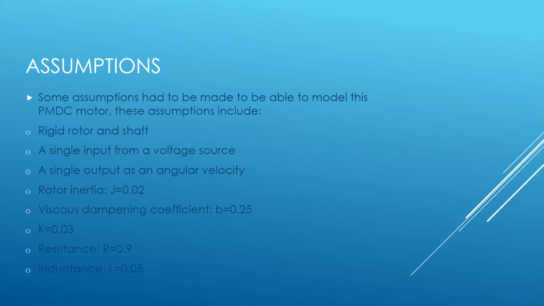Some assumptions had to be made to be able to model this permanent magnet direct current motor. These assumptions include a rigid rotor and shaft, a single input from a voltage source, a single output as an angular velocity, rotor inertia J equal to 0.02, viscous damping coefficient B equal to 0.25, K equal to 0.03, resistance R equal to 0.9 ohms, and inductance L equal to 0.05.